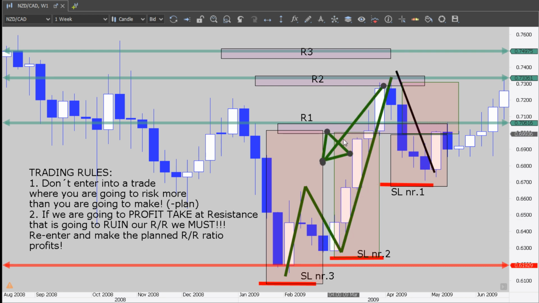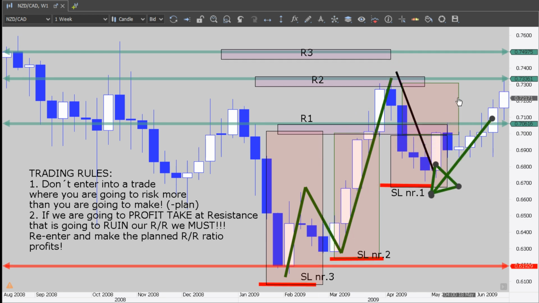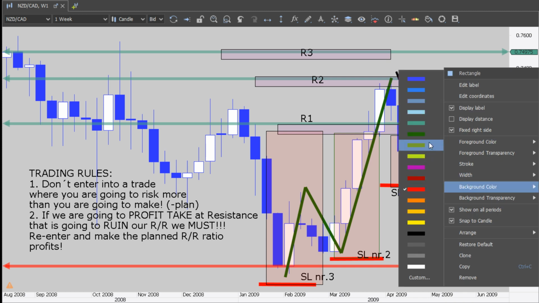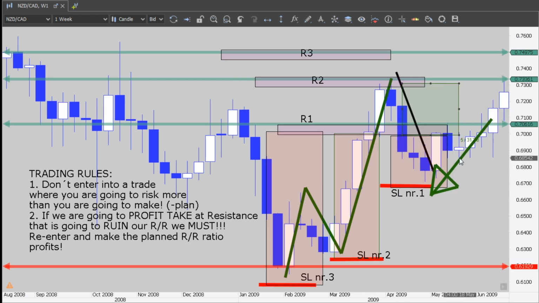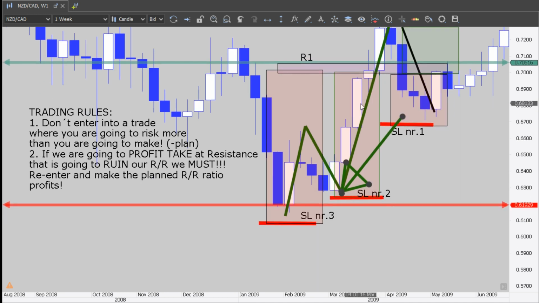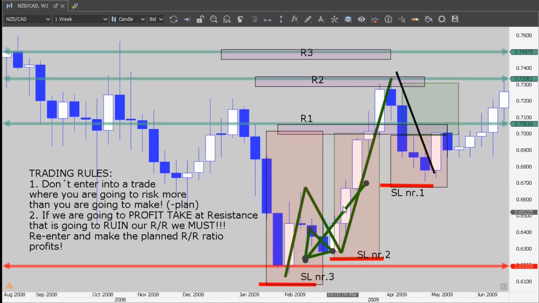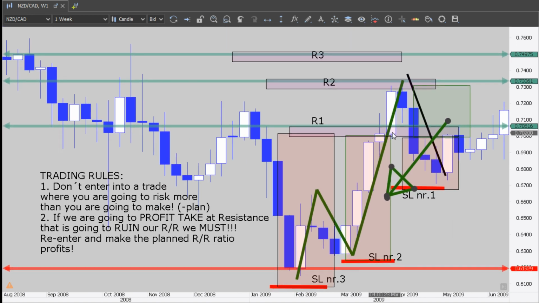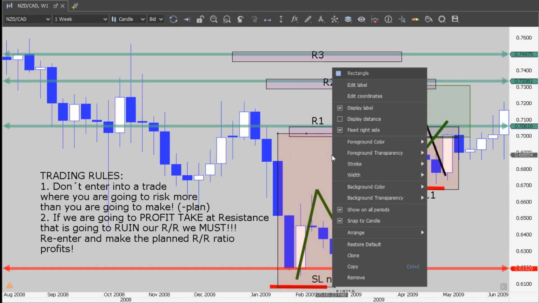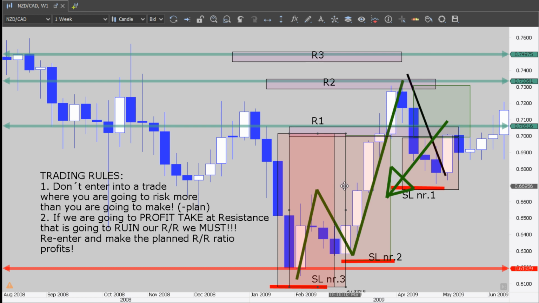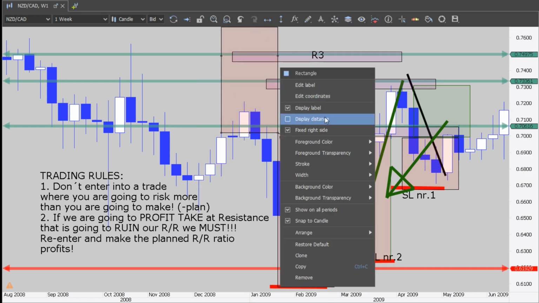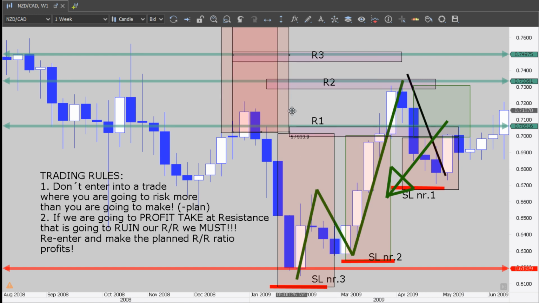So if Romer is going to enter in here, and let's change this color, and he's going to put the stop loss on number 3, right? Then what is the plan? Well, the plan is to make double, right? So if I'm going to risk 1, I want to make at minimum 2. And this is the plan, not the execution, this is the plan.